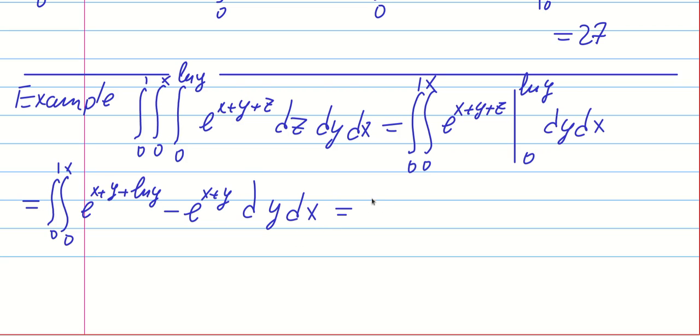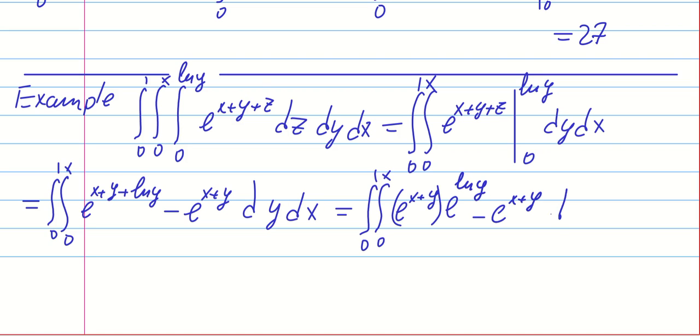Alright, so we're going to write this expression as two parts, and we did something similar in class. So we have 0 to 1, 0 to x. So we'll have e to the x plus y, e to the ln of y, minus e to the x plus y, dy dx.